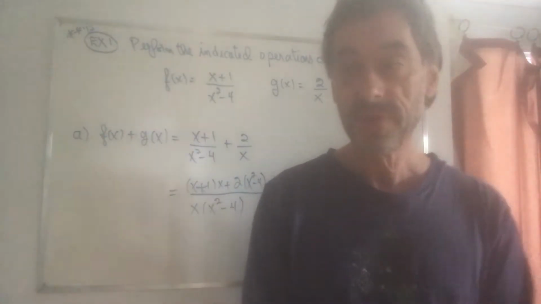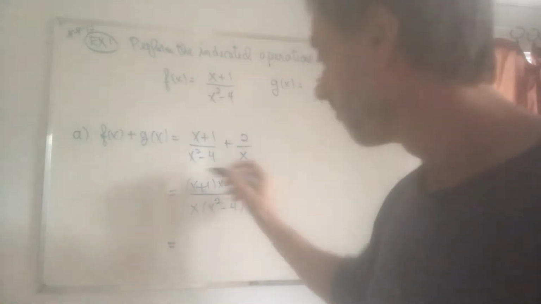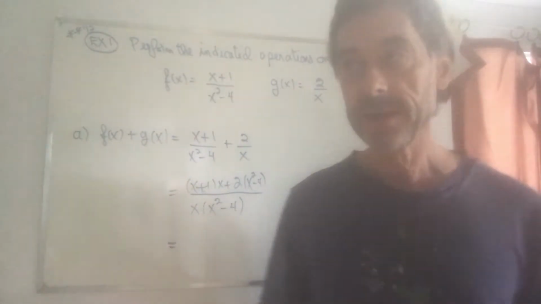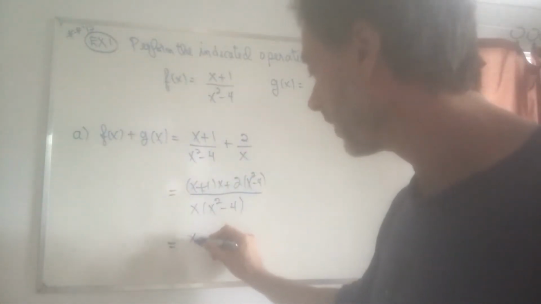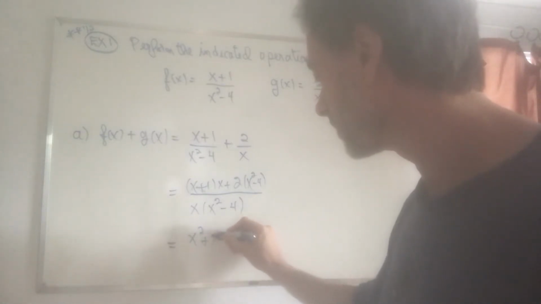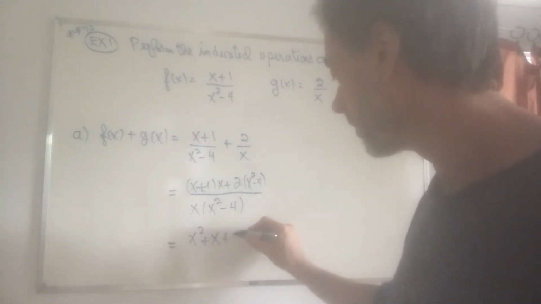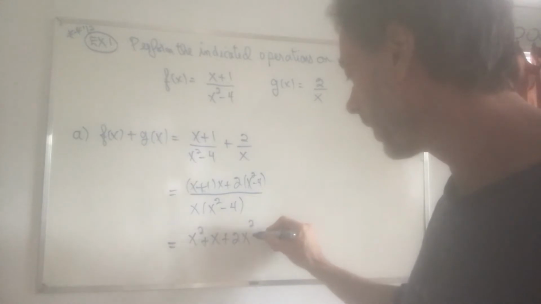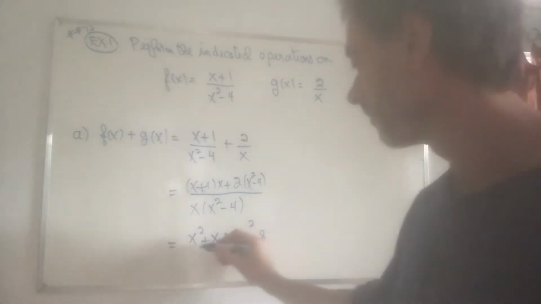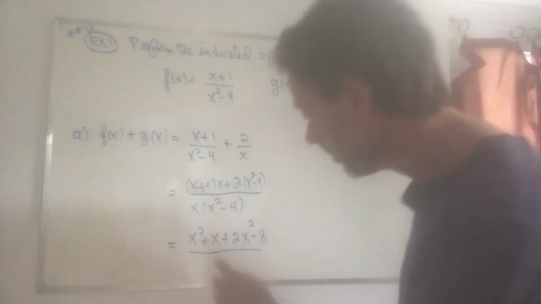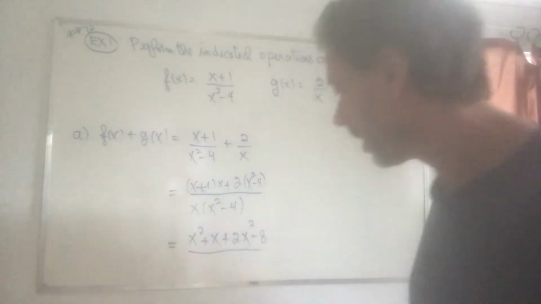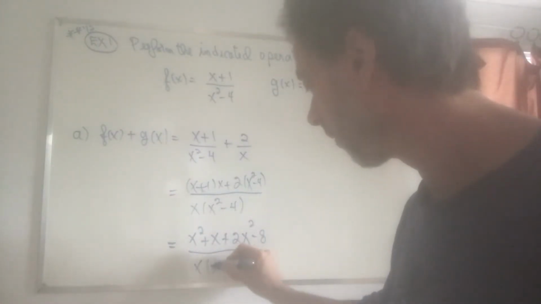Okay, let us simplify this a little bit. So FOIL, another algebra technique that we need to use, that would be what? x squared plus x plus 2x squared minus 8, all that jazz over x times x squared minus 4.